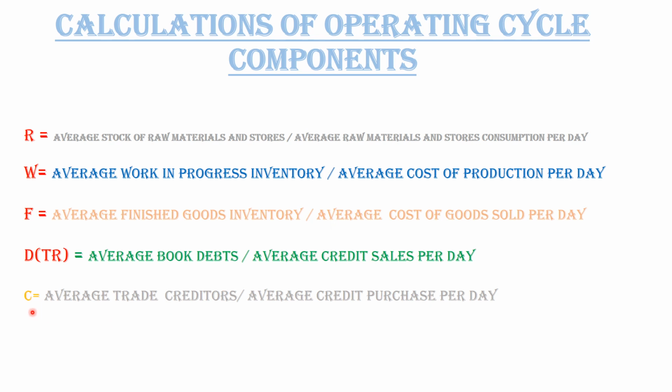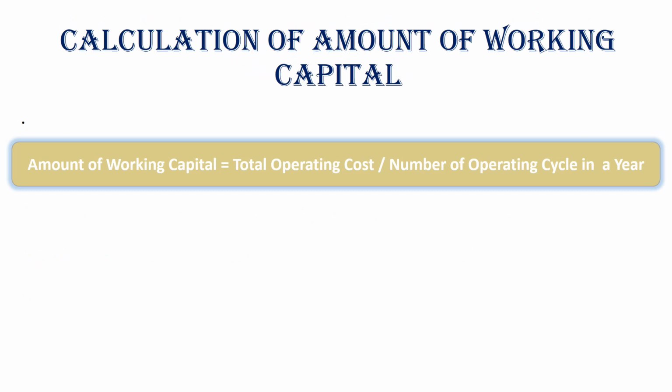And lastly, creditors payment period, that is equal to average trade creditors divided by average credit purchase per day. Here we have to consider only the credit purchase for the calculation of creditors payment period.